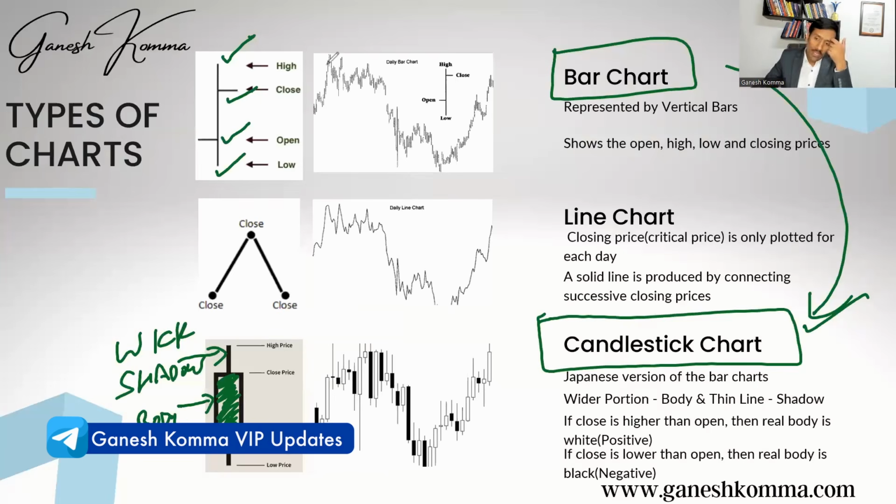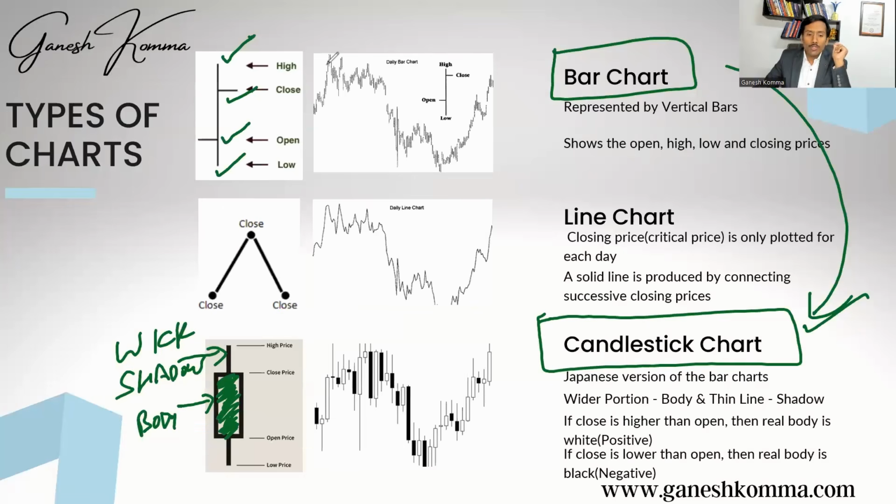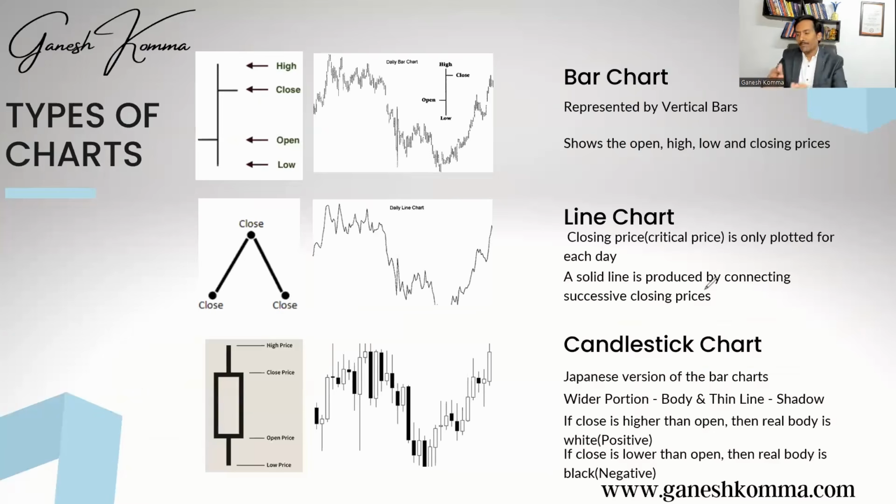Sir, why should we understand this part? Yeah, why should we understand these particular things? For example, on a specific day, let us say a candle is formed like this. This is the body and this is the wick, which means on the day this stock had a lot of demand.